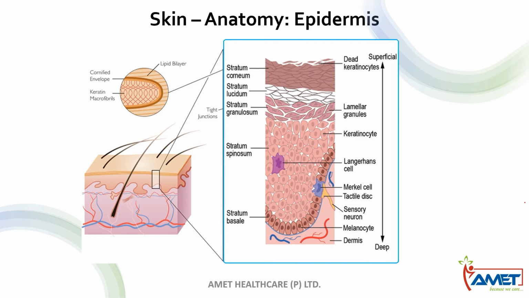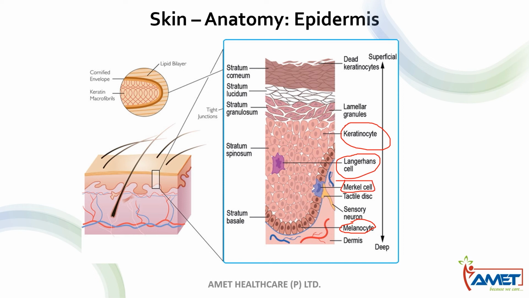So moving towards the epidermis. As we have already seen in the previous slide, the epidermis has five layers. Also, the epidermis has four cells. Which are the four cells? That is keratinocytes, melanocytes, Langerhans cells, as well as Merkel cells.